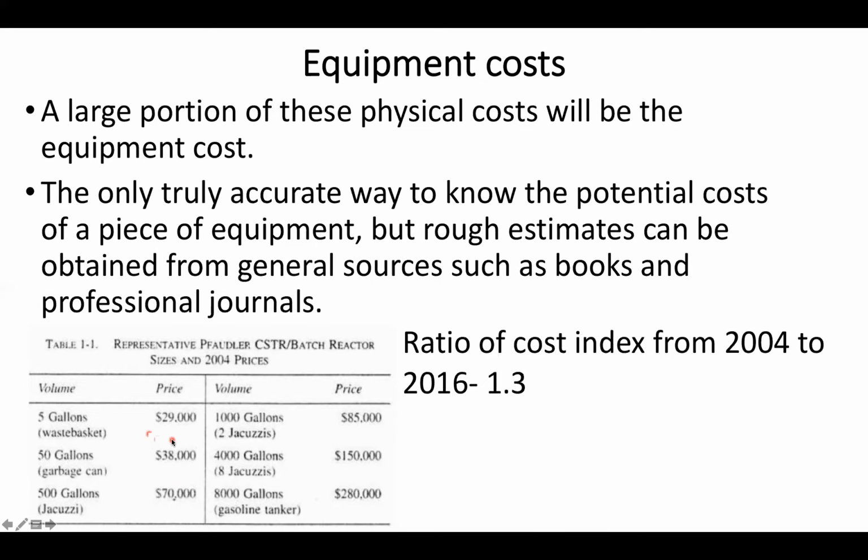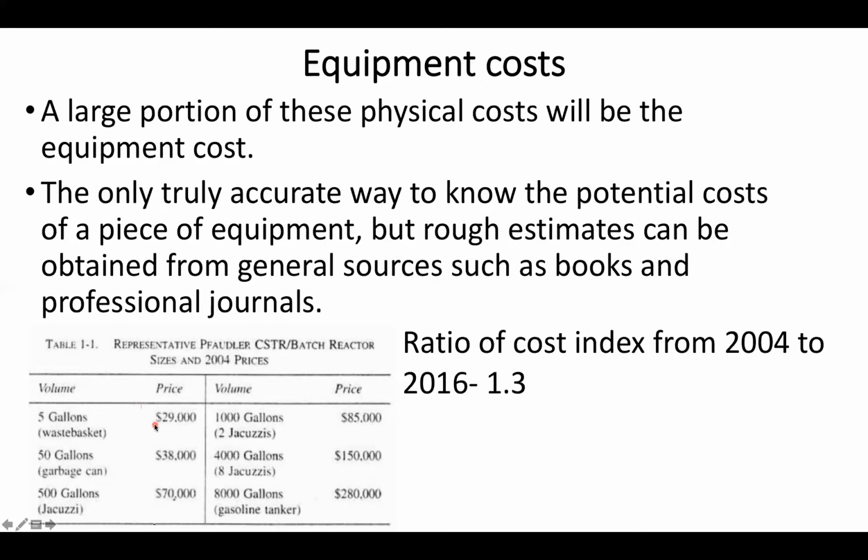If I want to build a small reactor, notice that the smallest reactor here is still on the 5-gallon scale, which is much larger than we're used to in our labs. I'm paying about $30,000, but I only have to pay about $9,000 more to go up by an order of magnitude. And if I go up to 500 gallons, I have to double that price.